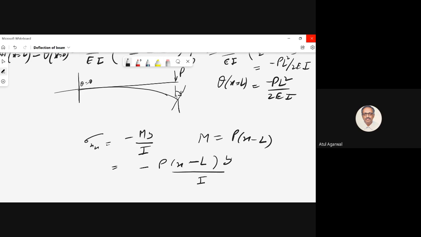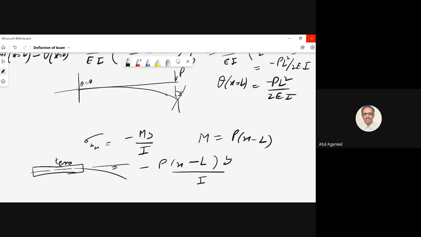Now this is a cantilever. After deflection, it goes like this. So what happens? Top surface will get stretched. You will have positive tensile stress at the top.